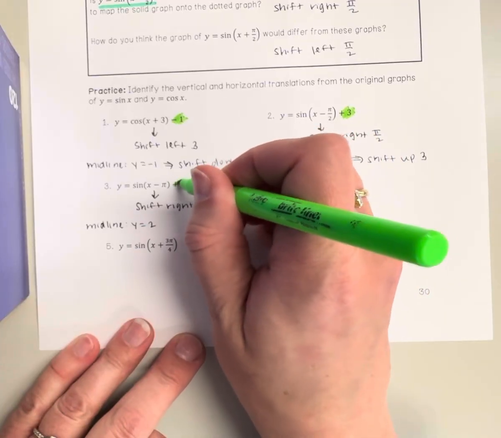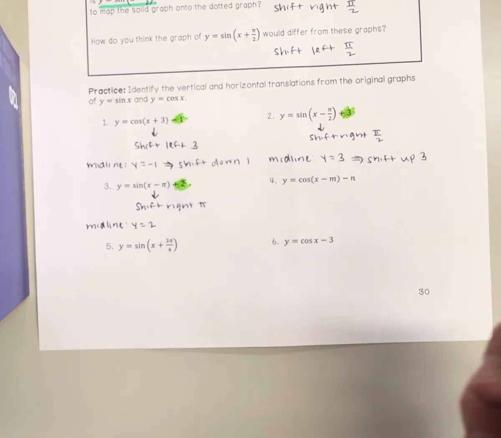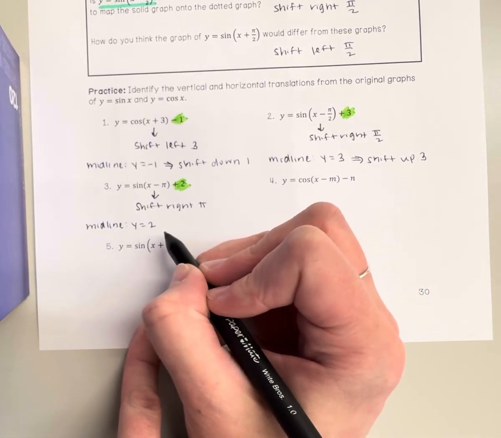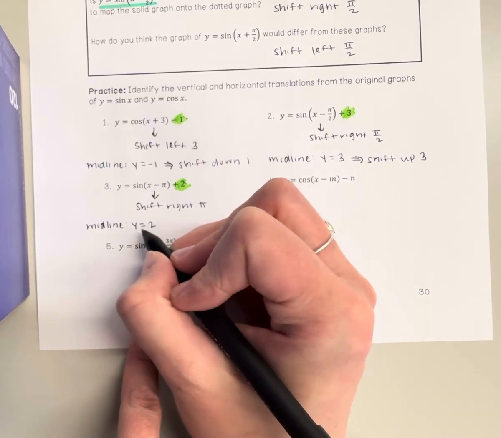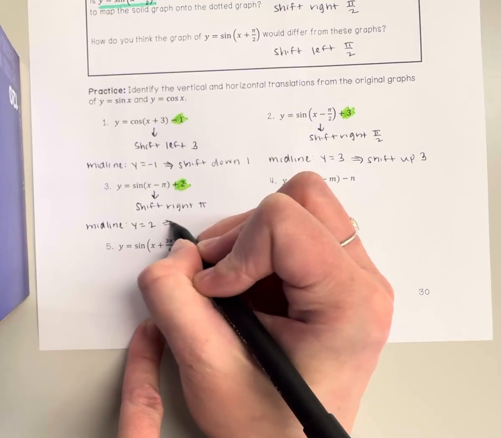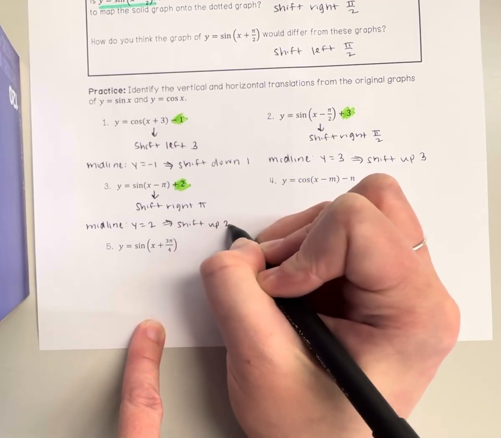Normally, when nothing has happened, a normal sine graph has a midline at 0. So if the midline's at 0 and now it's at 2, that means we shifted up 2.